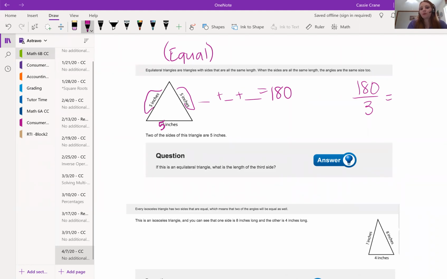And if we divide that by 3, we get 60. So we know in an equilateral triangle, all the angles would measure 60 degrees. All right, so that's equilateral. All the sides are the same, all the angles are the same.